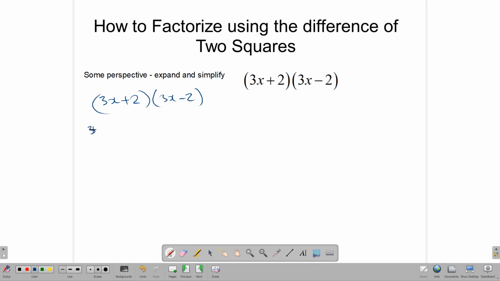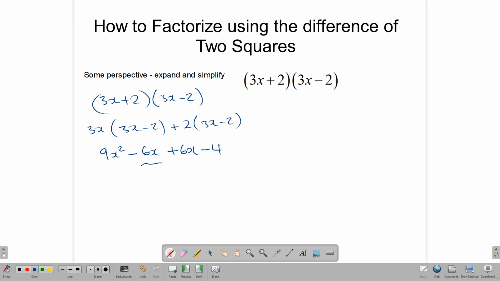We write it out using the distributive law: 3x multiplied by 3x minus 2, plus 2 multiplied by 3x minus 2. Now let's multiply here. 3x times 3x gives us 9x squared, minus 3x times 2 gives us 6x. And 2 times 3x gives us a positive 6x. And 2 times minus 2 gives us a minus 4.